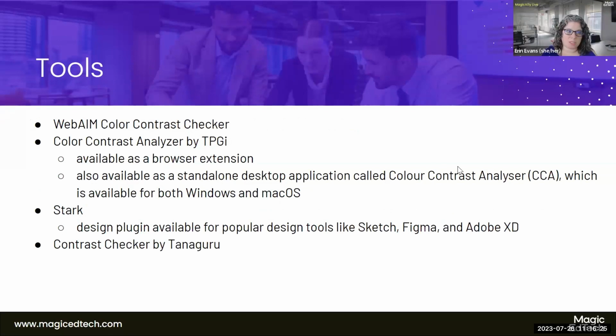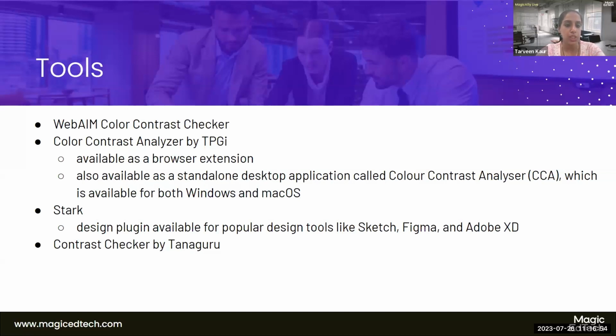So on the screen here are a couple of the most common tools. Tarveen, do you want to talk through some of these? Sure, absolutely. These are the most widely used tools and they give us really good output, but everything is done through a manual process. WebAIM Color Contrast Checker, Color Contrast Analyzer. This is a standalone application for both Windows and Mac, and there is also a browser extension that you can use.